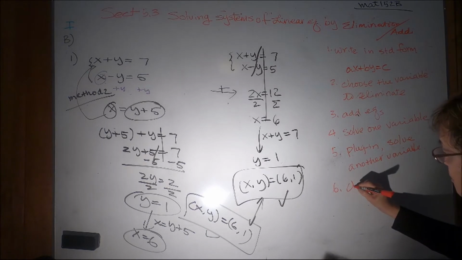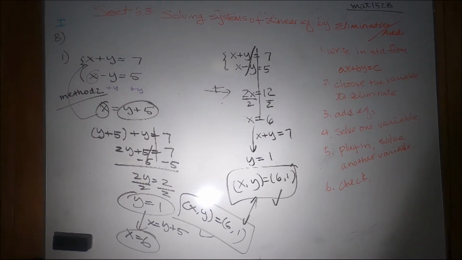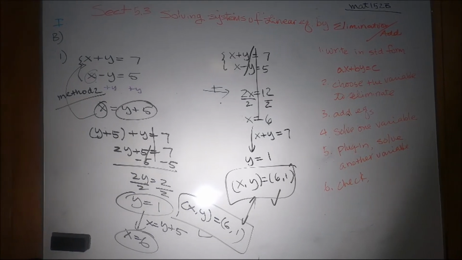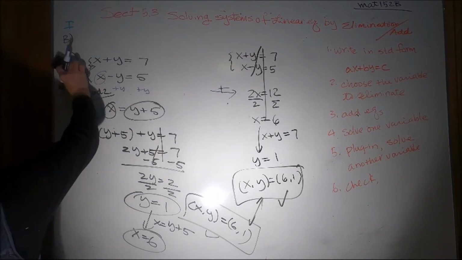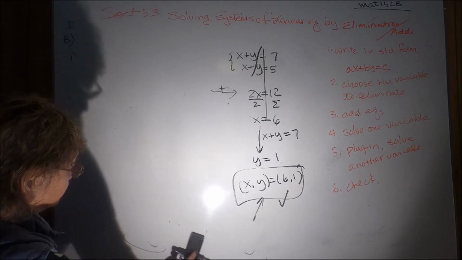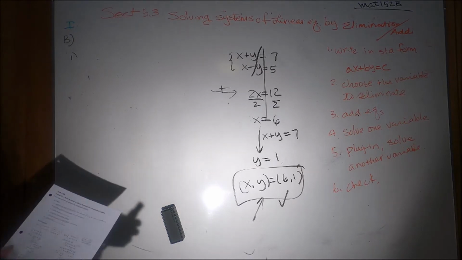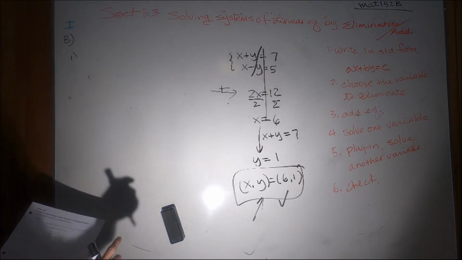Then after that you check to make sure they are correct. That's how you use the elimination method to solve systems of equations. That's number 1 we just saw, right?